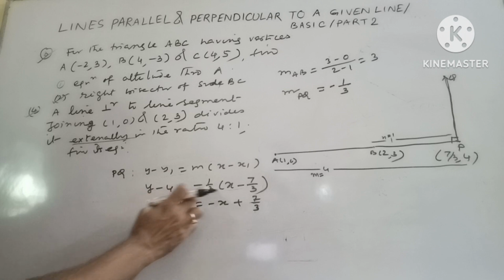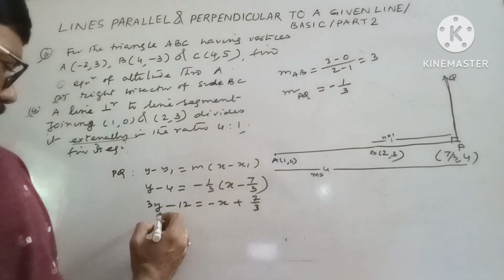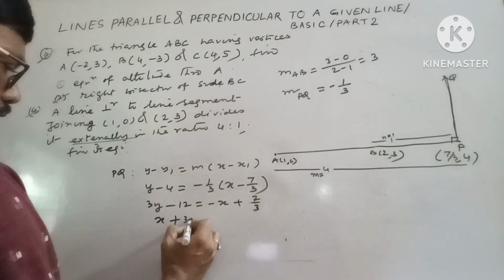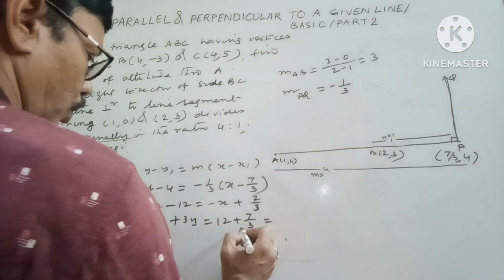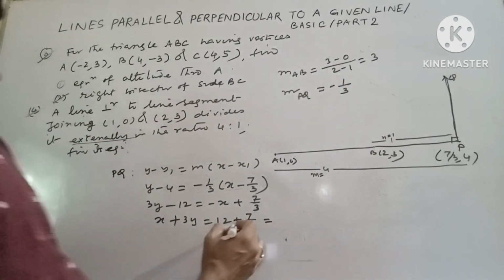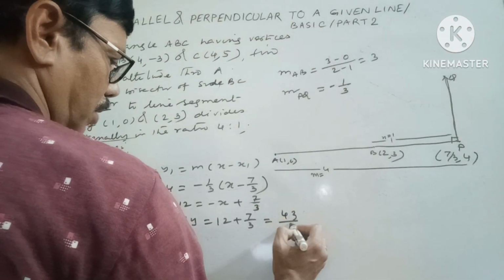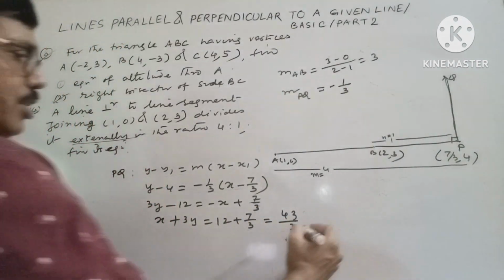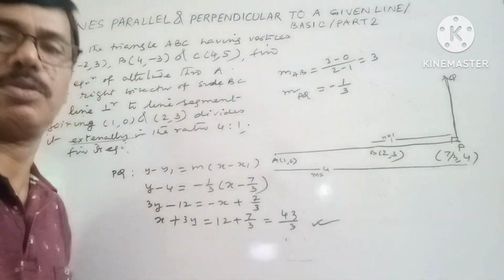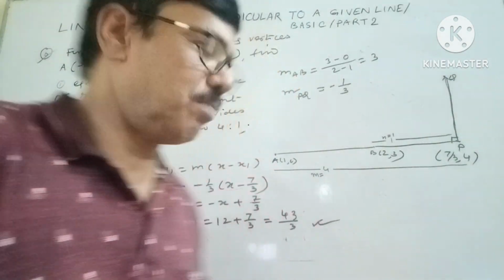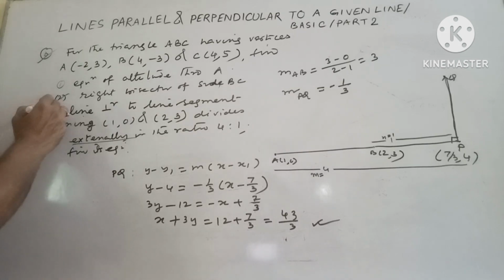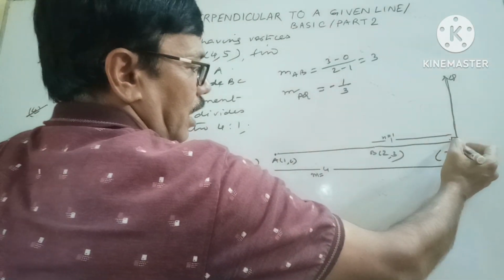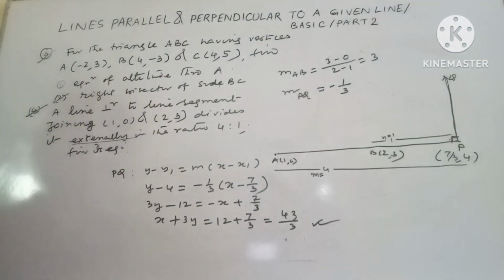So 3y minus 12 equals minus x plus 7 by 3. So x plus 3y equals 12 plus 7 by 3, so 36 plus 7, 43 by 3. So this is the equation of PQ. Or you may simplify it by multiplying by 3. So the division is external and the line is perpendicular to it.